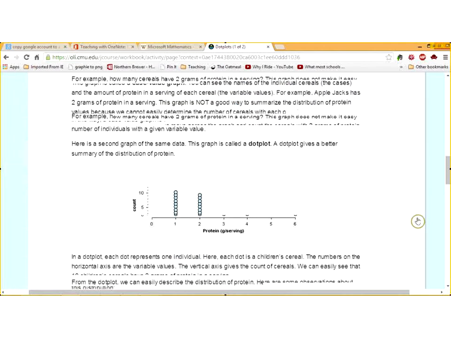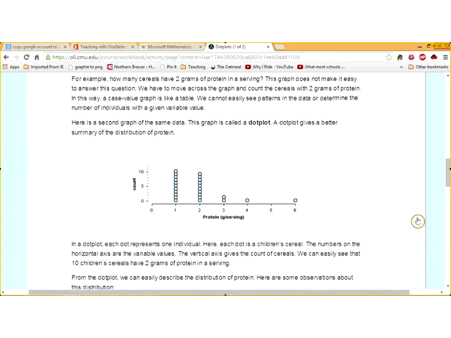And then here, we have a different graph of the same data. And by the way, the word data generally is plural, so if you hear me say data are, or refer to data as plural, that's because the word data generally is plural. So now you can see here more of a pattern.